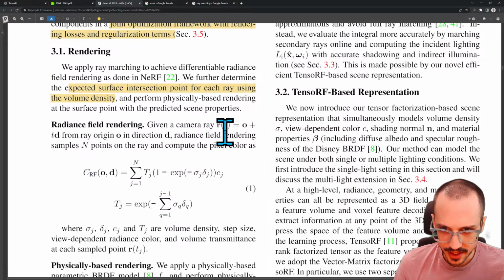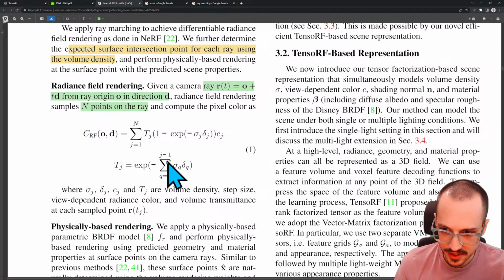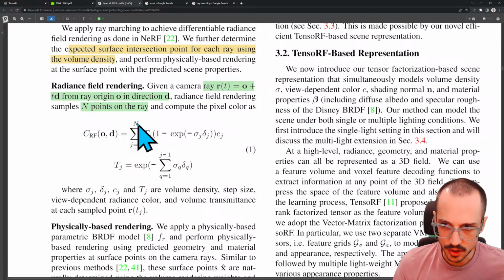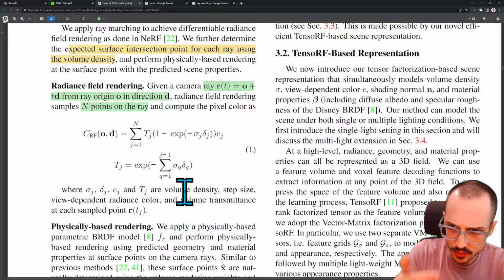Given a camera ray r, so here's the actual ray. You have an origin and you have a direction. And then you have endpoints along the ray. Right, so this is just basic NeRF math here. For all your endpoints, you're summing over every single one of them along the ray.